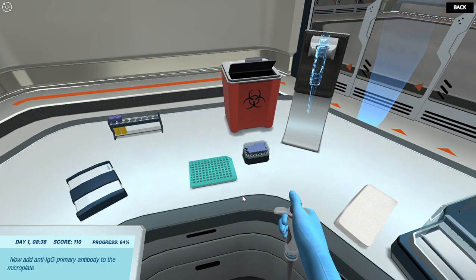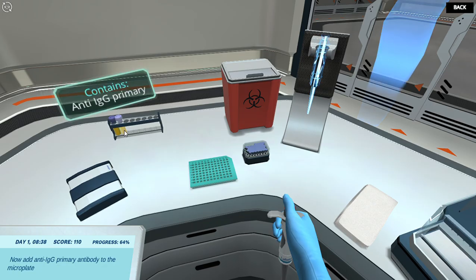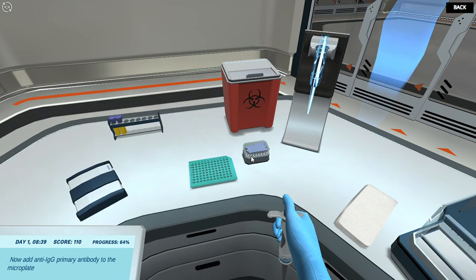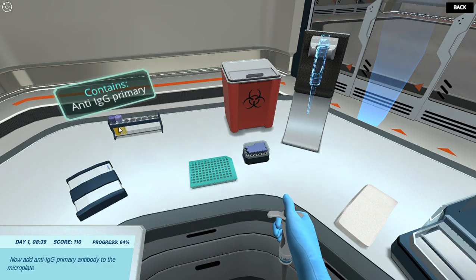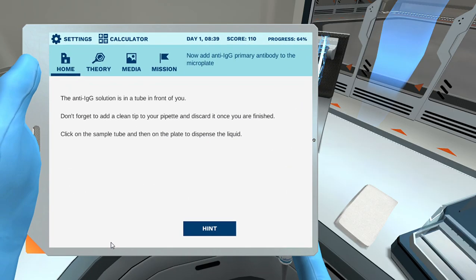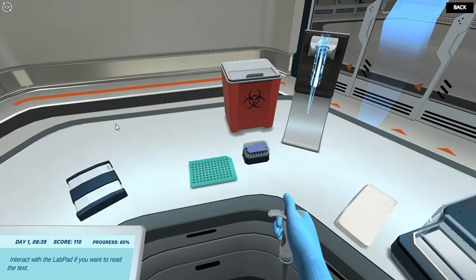Now add anti-IgG primary antibody to the microplate. To save us some time, I'll fill out the rest of the microplate's wells.